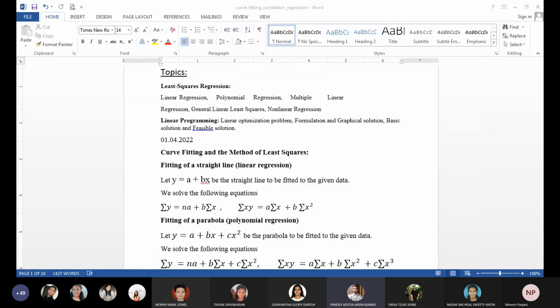Slope. Okay, right. So here when we say y equals ax plus b, what will be the slope, or a plus bx? Okay, we are taking a plus bx. So when you take a plus bx, what is the slope?